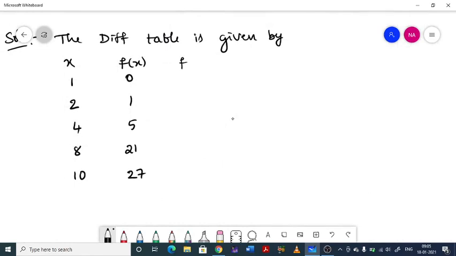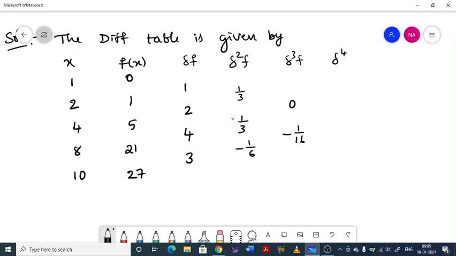First divided differences: here you get 1, actually that is 1 minus 0 divided by 2 minus 1, so 1, 2, 4, 3. Second divided differences: 1 by 3, 1 by 3, minus 1 by 6. Third divided differences: 0, minus 1 by 16. Fourth divided differences: minus 1 by 144.